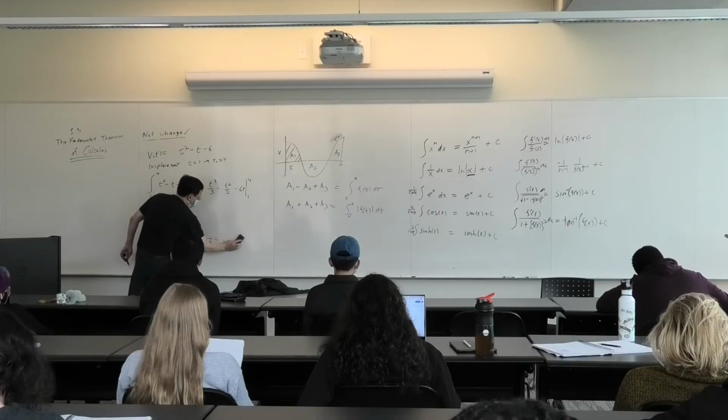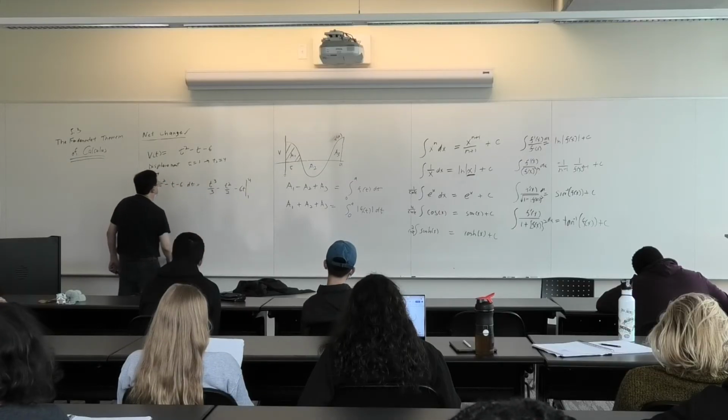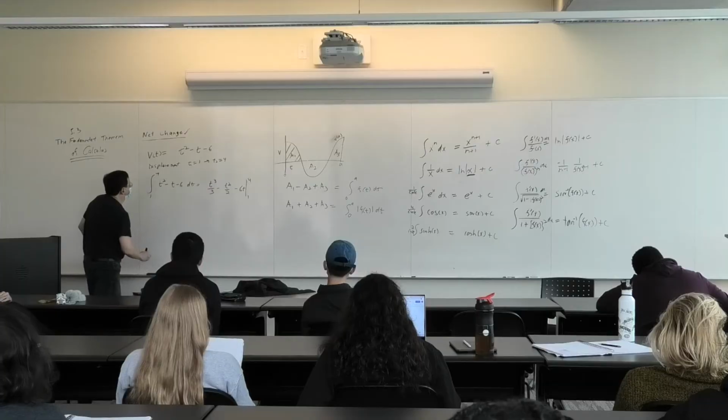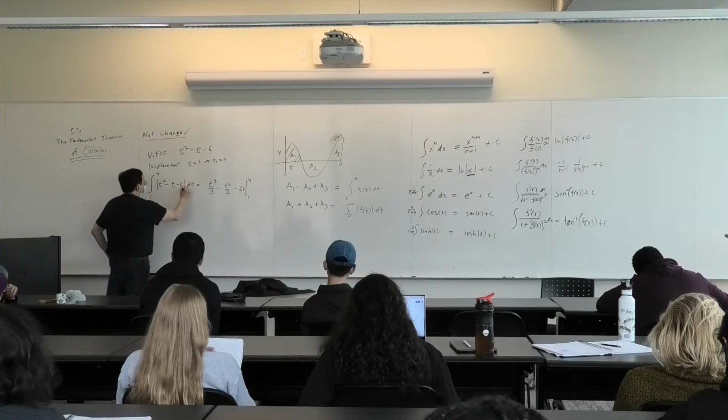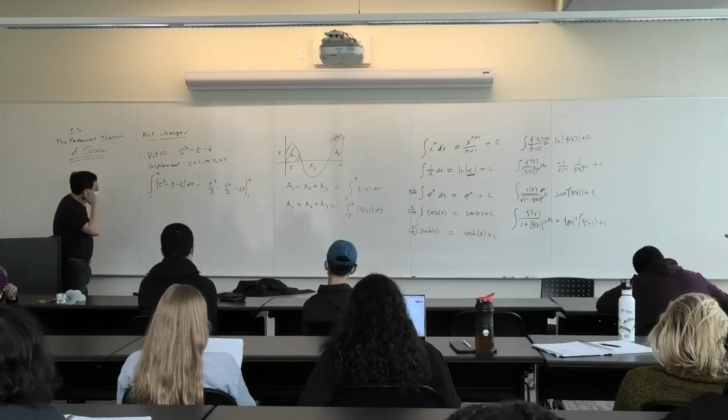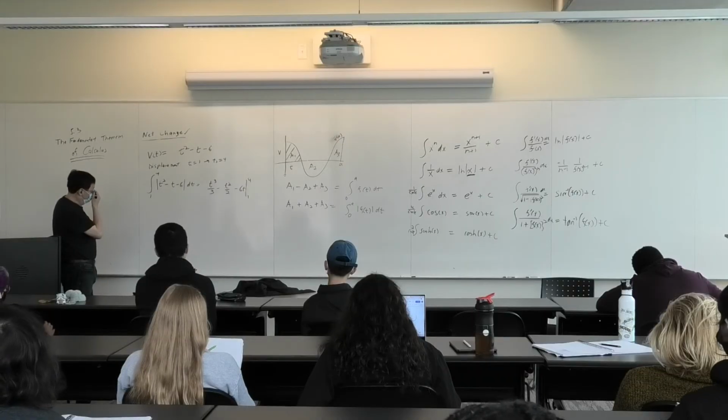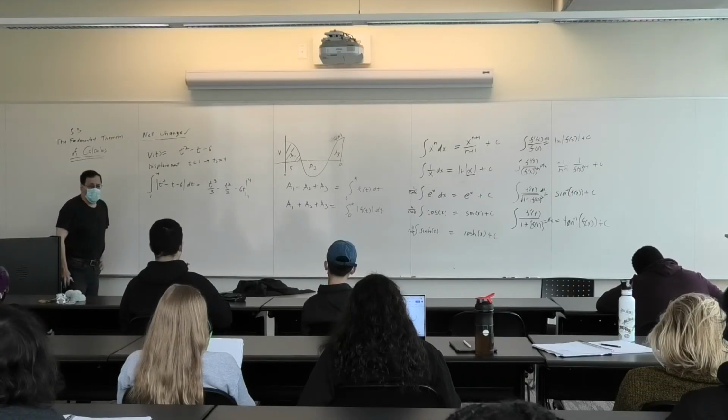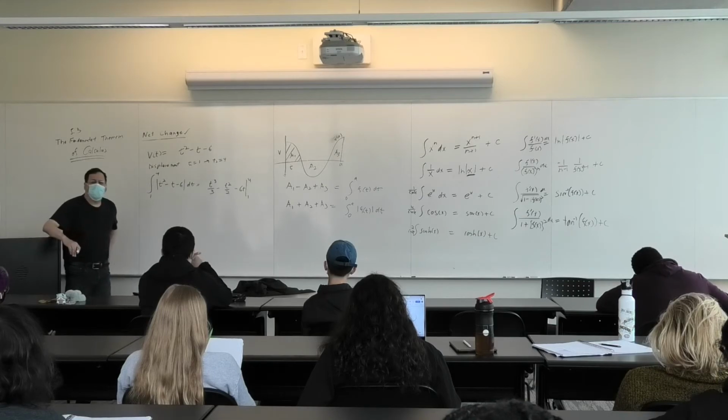The more interesting problem, of course, is if I want to find how far the particle has traveled. So what am I going to need to do to find that?